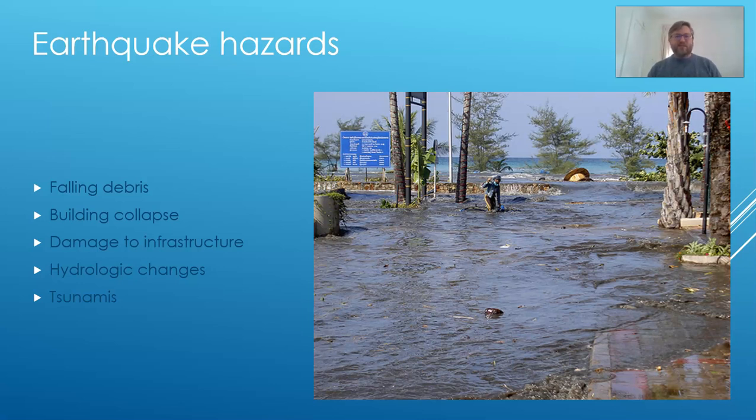We get damage to infrastructure. So earthquakes can cause collapse of bridges. They can cause destruction of roads, gas pipes, water pipes. Earthquakes can empty reservoirs. So if you've got a dam, for example, that's holding back a big amount of water that might be an essential water supply for a community or a city, an earthquake could breach that dam, or could create a gap somewhere else around the reservoir that drains that water out, which then creates this secondary hazard of a big flood coming down, as well as a long-term problem with lack of that water.